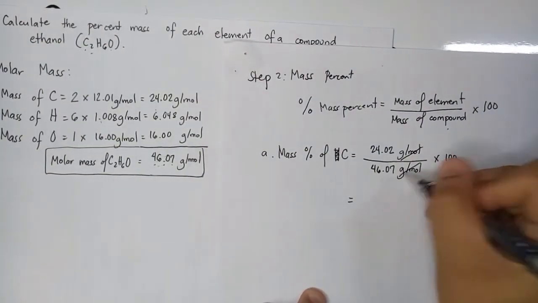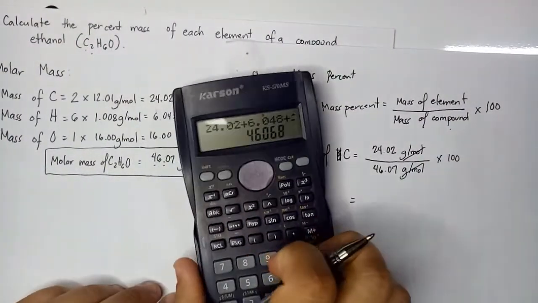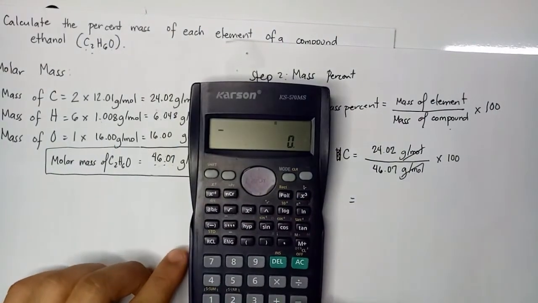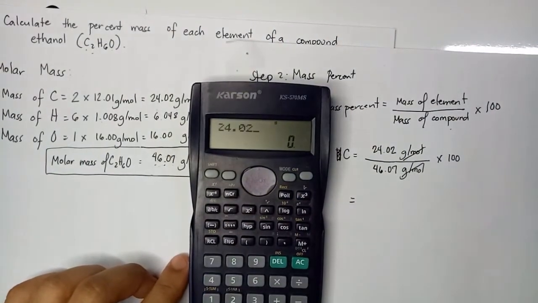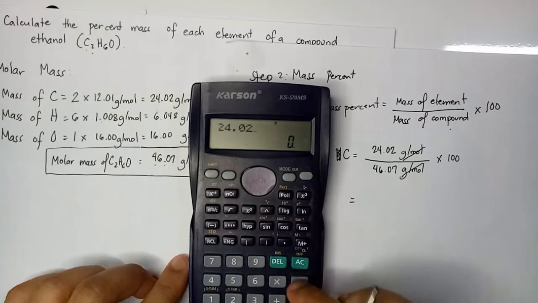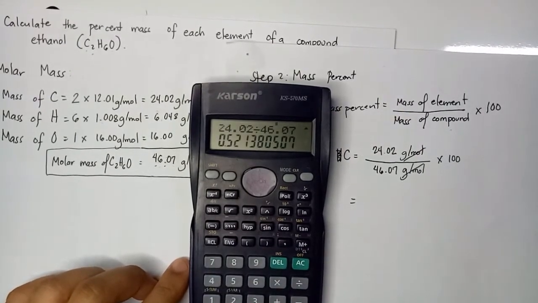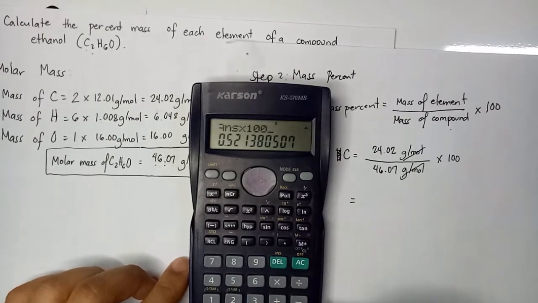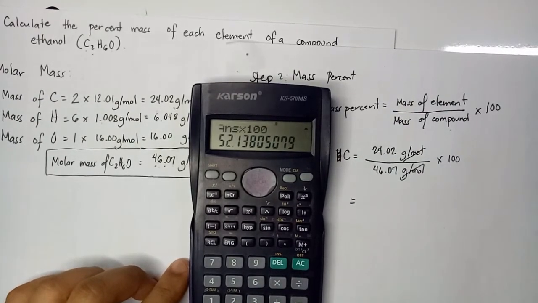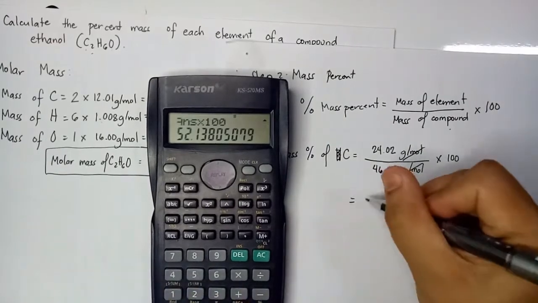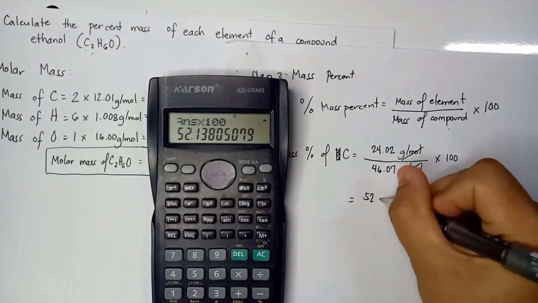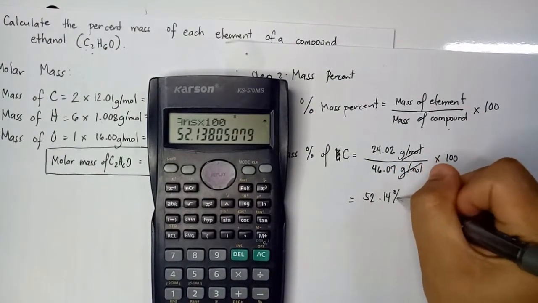So we have to cancel the units. And using a calculator, we have 24.02 divided by 46.07, times 100. So the answer would be 52.14%.